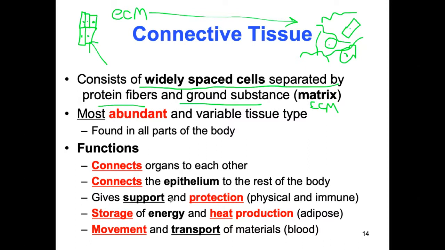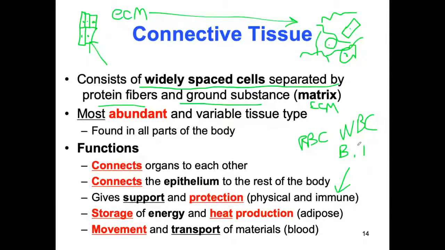Connective tissue can support and protect us both physically and immune system wise, and that's because when we think of immune system, we're thinking of blood. But when we talk about blood, we have red blood cells, RBCs, and then we have white blood cells, WBCs. And part of the WBCs, part of them, these B cells, right?